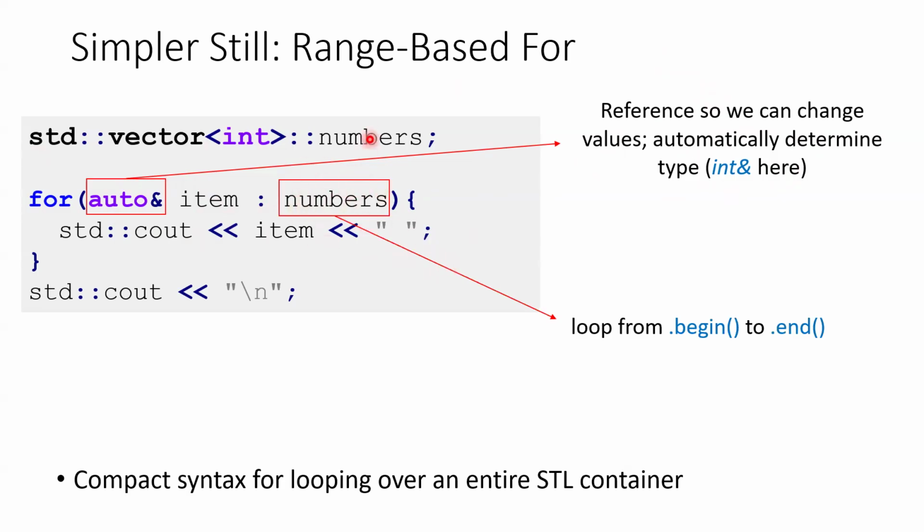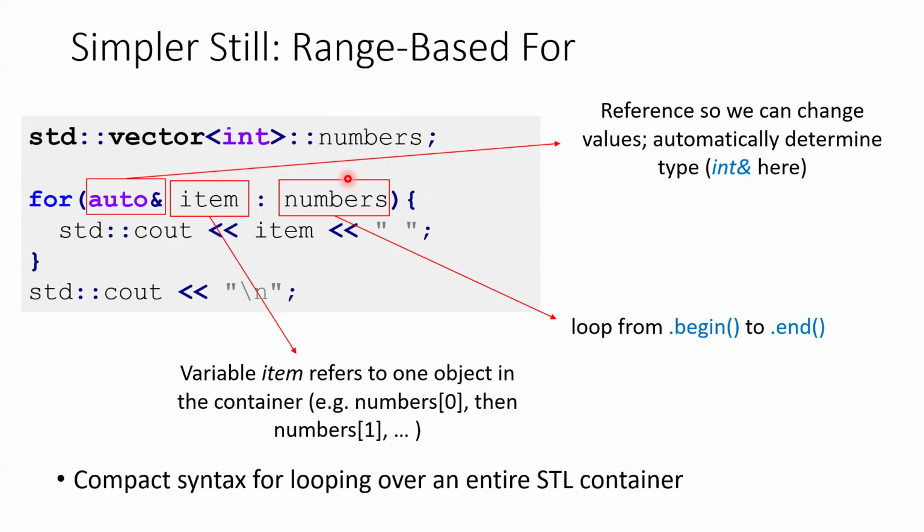Numbers is the container name, and the for loop will loop from the begin to end iterators. The for loop will dereference wherever the iterator is pointing to and give you the item variable. So that you can directly read and write into the item variable that's already dereferenced, and directly output item without dereferencing anything. And this syntax works for all STL containers.